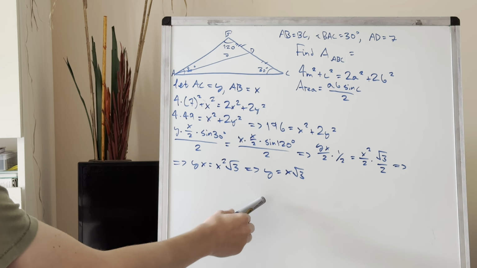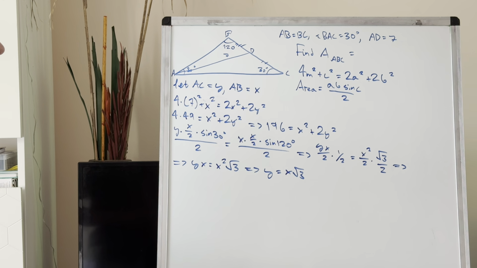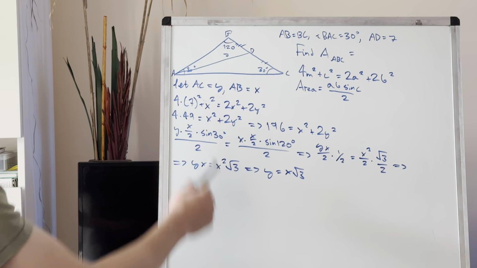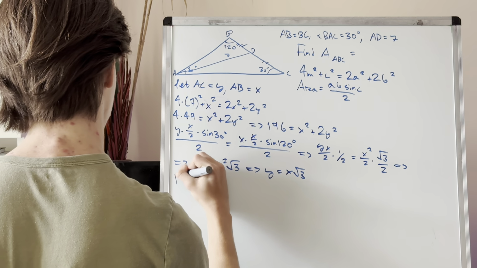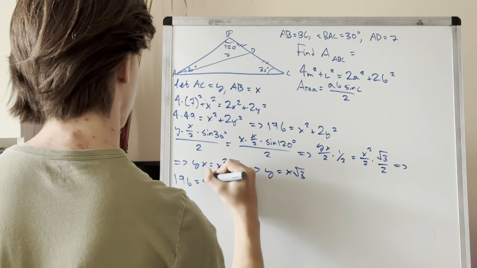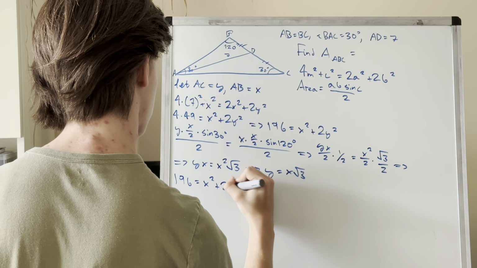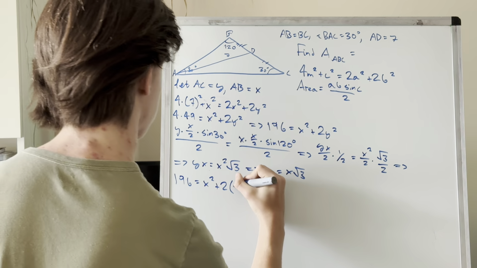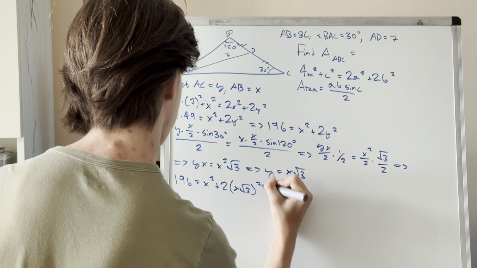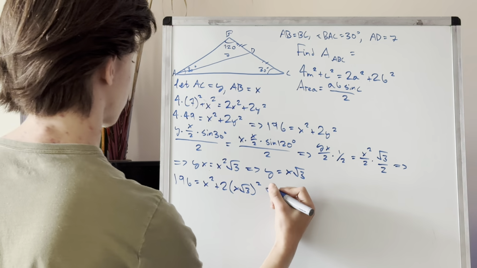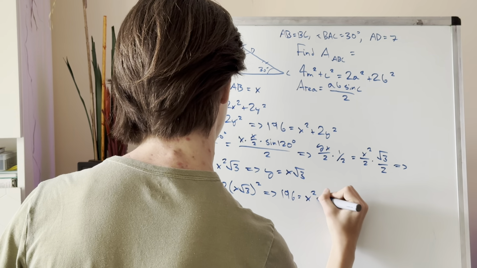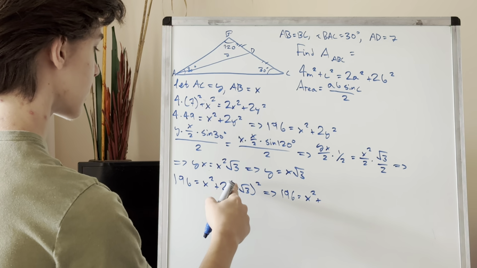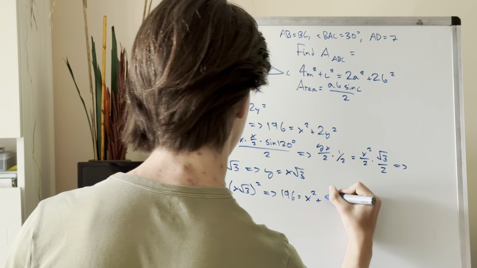And now we can plug it back into our first median equation, and then we'll have a simple equation with one unknown. And it's exactly what we need, x. Once we find x, we can find the area. So let's do that too. 196 equal to x squared plus 2 times y squared, which is x √3 squared. So that means 196 is equal to x squared plus 2 times x squared times 3, okay?